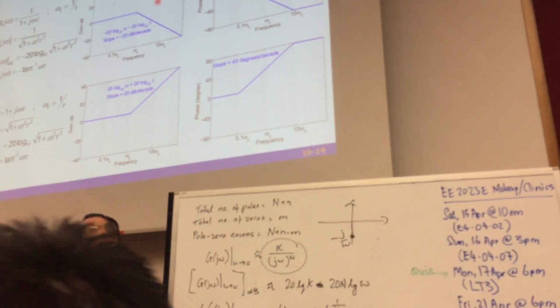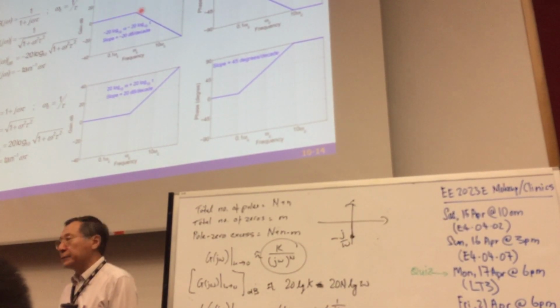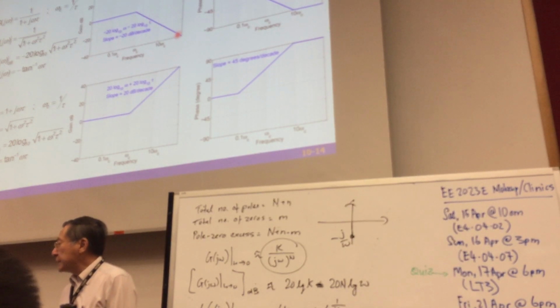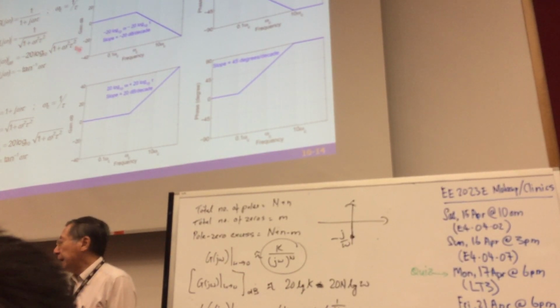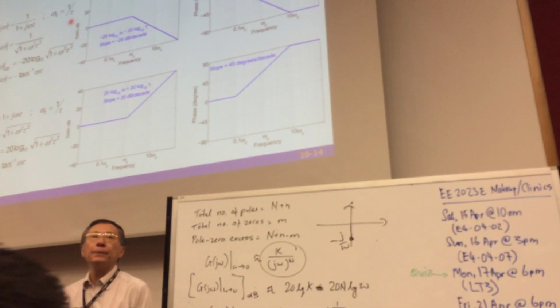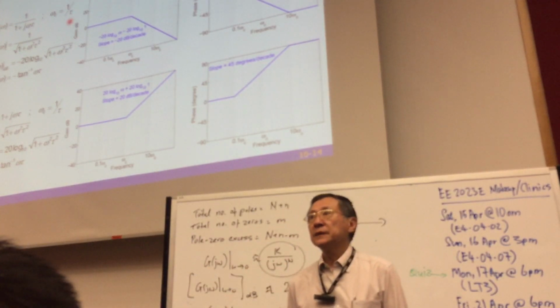The low frequency asymptote is at 0. The high frequency asymptote has a slope of minus 20 dB per decade, and they intersect at the corner frequency. That corner frequency omega c is 1 over tau.